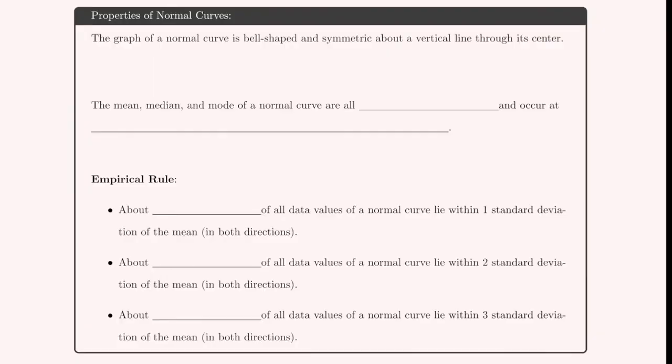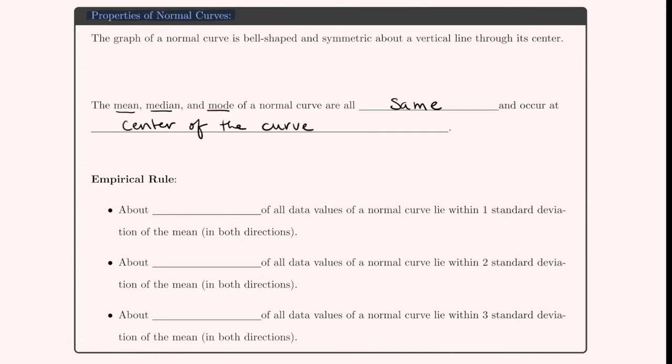Let's review some properties of normal curves. As we mentioned earlier, in a normal curve, the mean, median, and the mode are all the same value, and they all occur at the center of the curve.